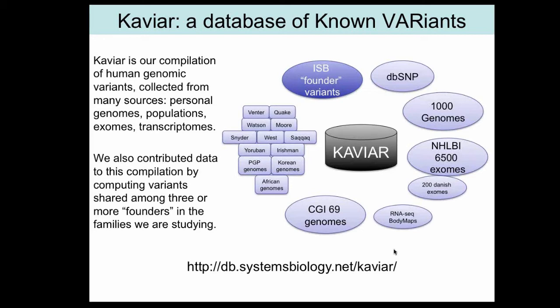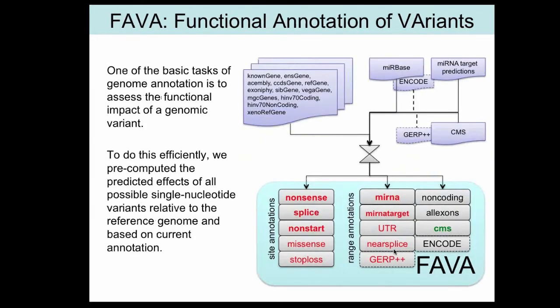Another kind of analysis tool that we created is a tool for annotating functional implications of different variants in the genome. We call this FAVA, for functional annotation of variants. And the idea here is just like other tools like ANNOVAR, you observe one variant, you want to know what that does in the context of the genome.